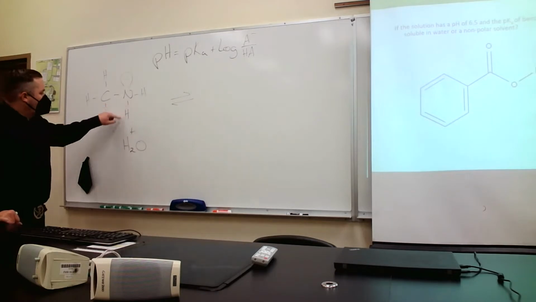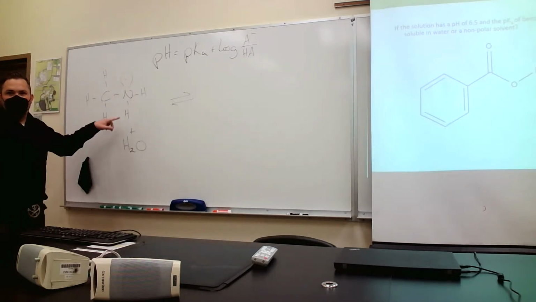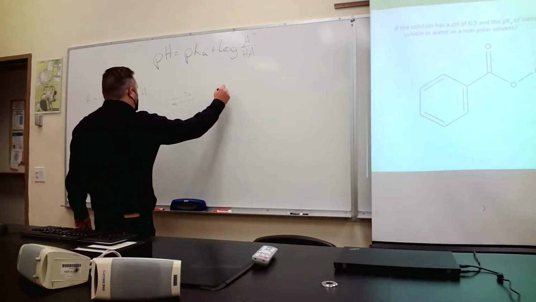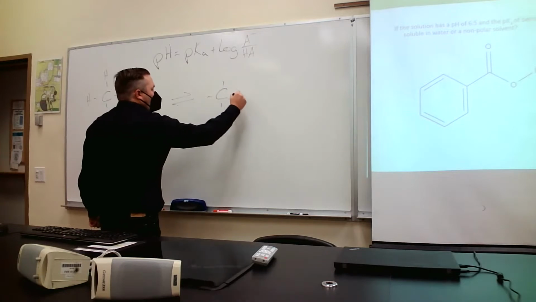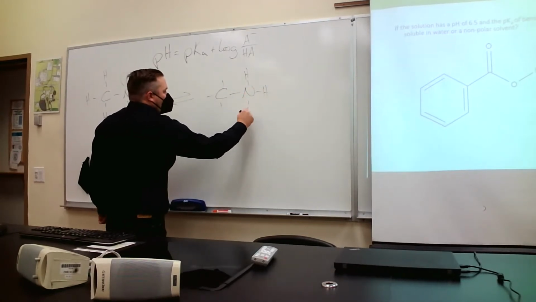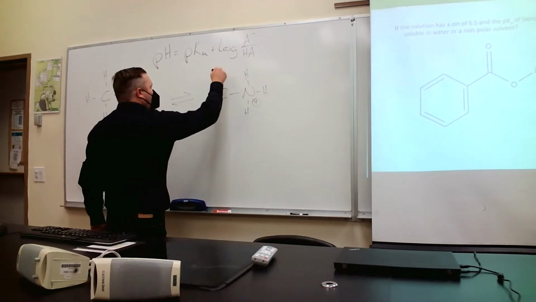If we've got an amine plus water, the amine's not going to act as an acid, right? It acts as a base instead. So we actually wind up with the protonated form on this side, on the product side here.